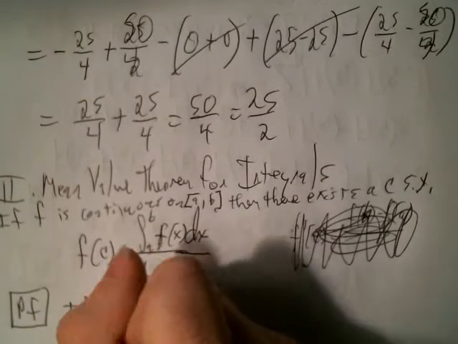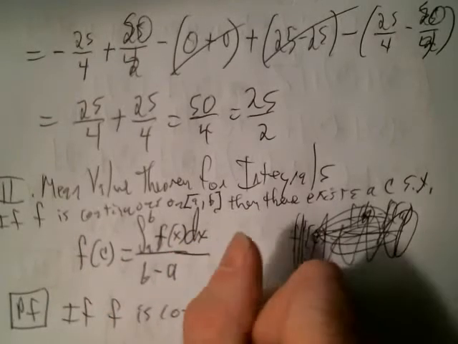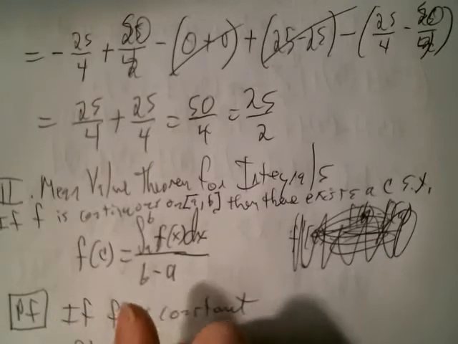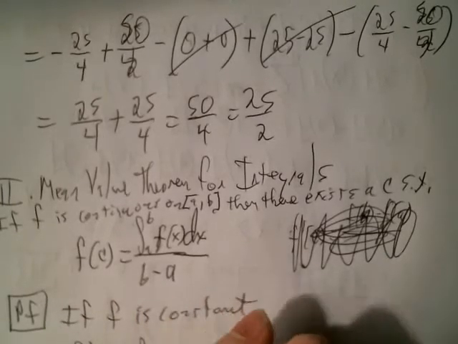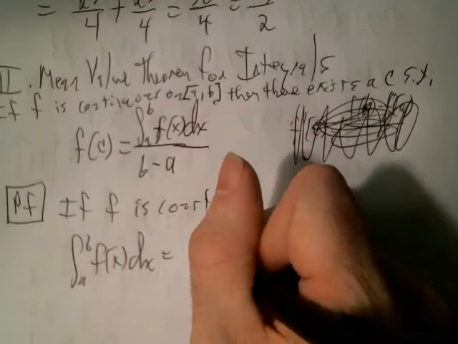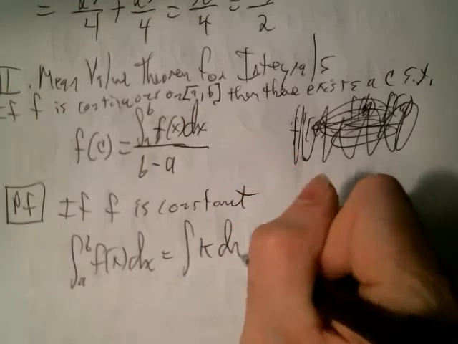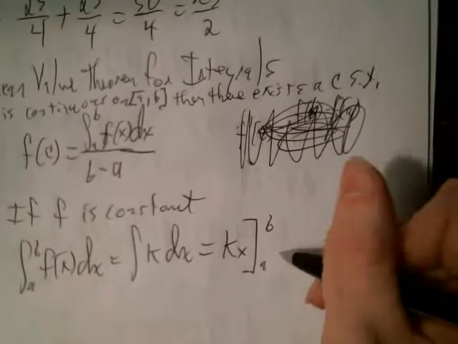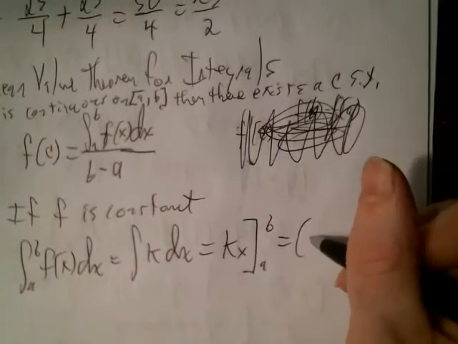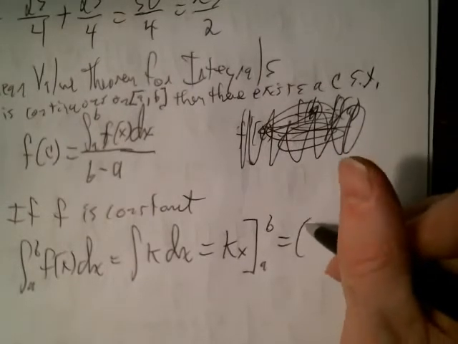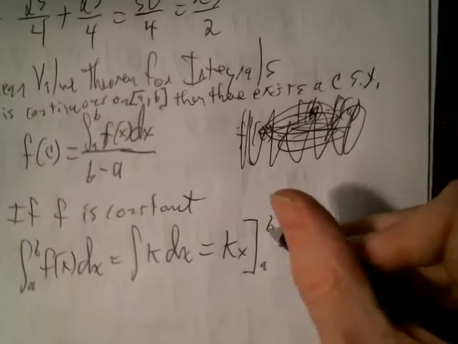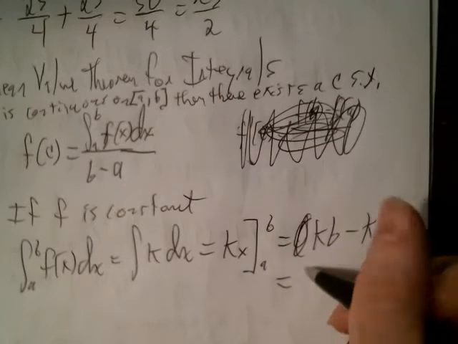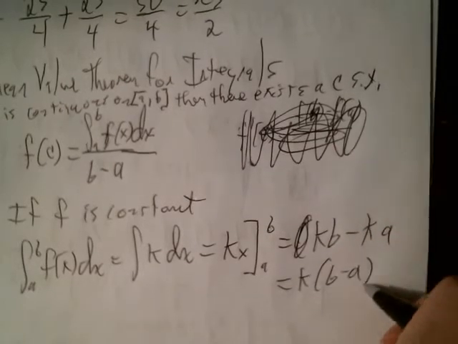So if f is constant, then the integral from a to b of f of x dx is just going to be the integral of some constant k dx, which will be k times x integrated from a to b, which will be k times b, plugging b in there, minus k times a, which will equal k times b minus a.